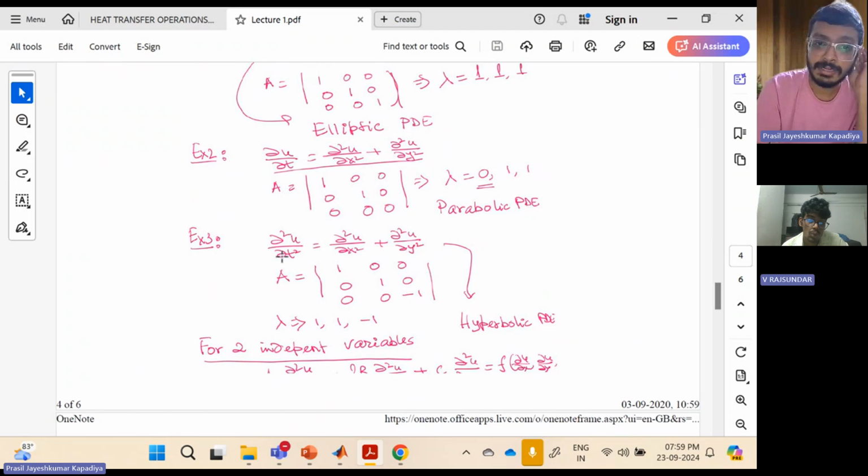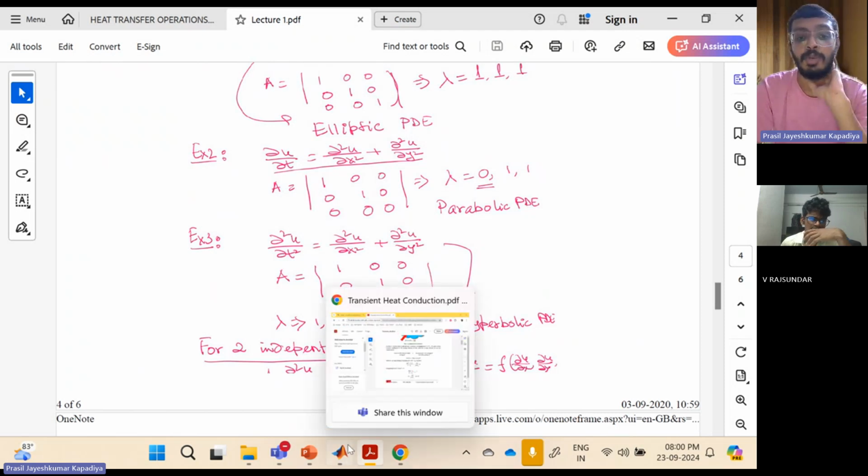And for this kind of equation, where it is del square u by del t square, we now have three variables x comma y comma t. Del square u by del t square is equal to del square u by del x square plus del square u by del y square. So the coefficients are 1, 1, and the other one is -1. So we are getting a mixture of positive and negative eigenvalues.